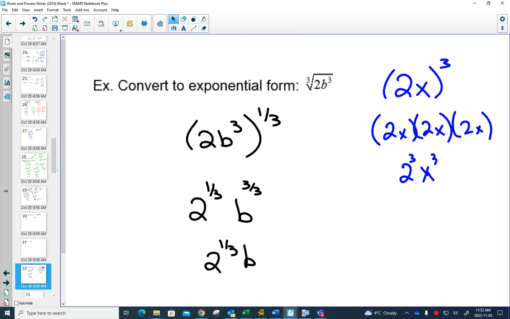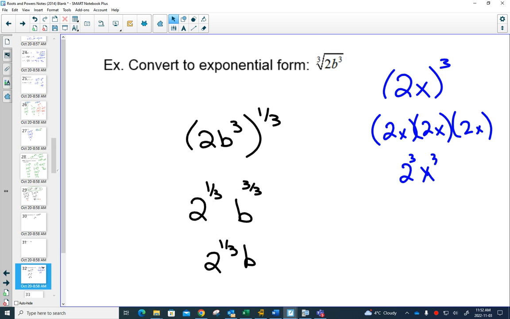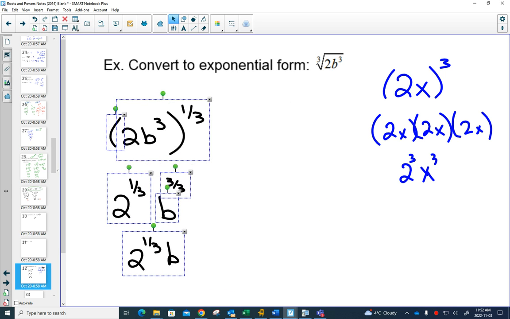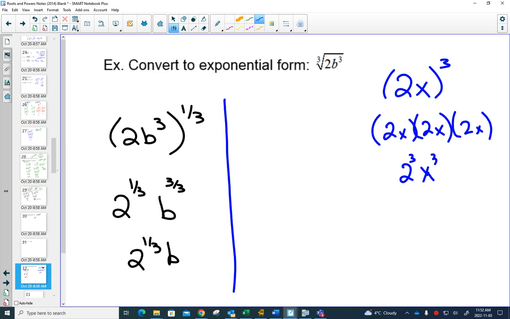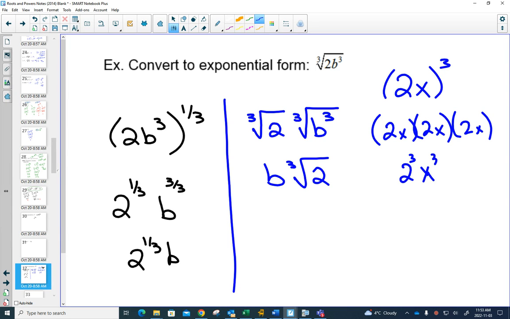Or, wow, that's not what I want to do. Here we go, we're going to move these over here. Check this out. Can you see that you could have also done this? And the cube root of b cubed is, you could have started by writing it as a mixed radical.